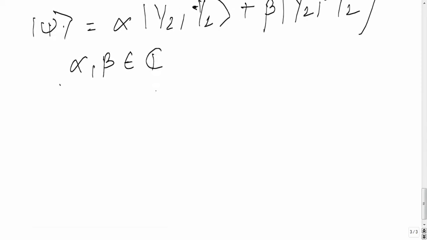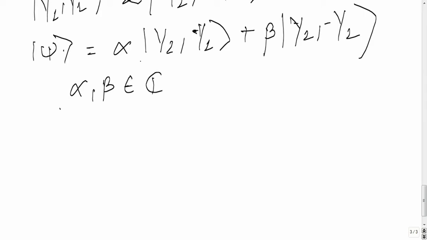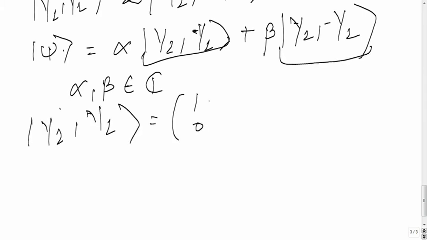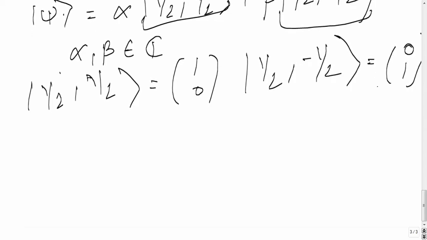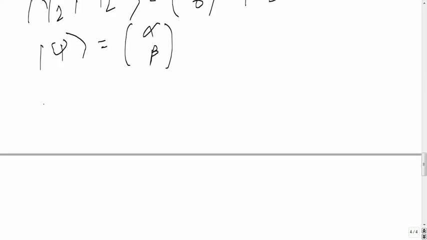So if we choose these two states as a standard basis, that is plus half as 1 0 and minus half as 0 1, this would give psi as simply a column vector having alpha and beta as its elements. So suppose there is any operator acting on the vectors of this two-dimensional Hilbert space.